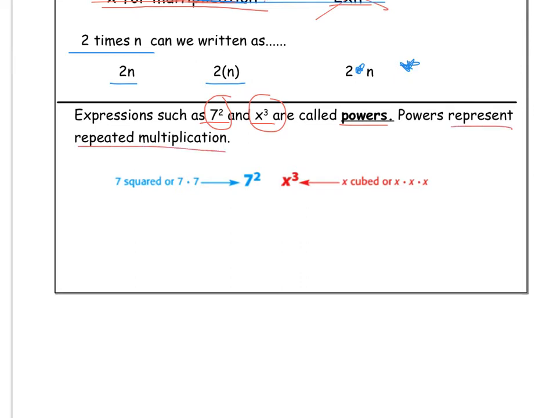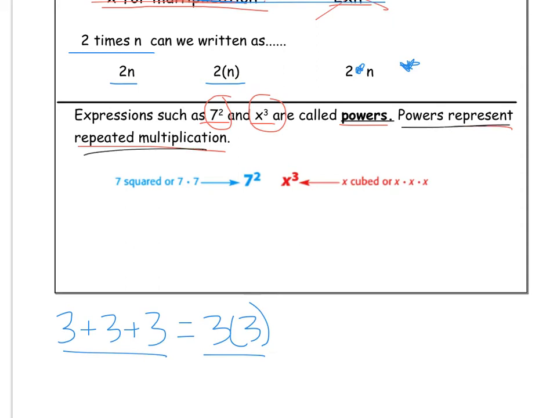To kind of give you some insight into that, hopefully you know that if I were to do 3 plus 3 plus 3, that can also be represented as 3 times 3. Multiplication is used to show repeated addition. Powers are used to show repeated multiplication. So just a step further.